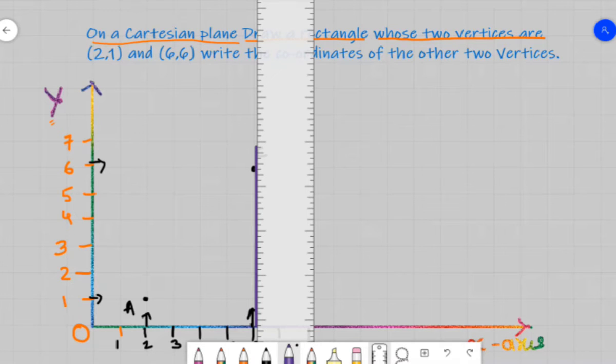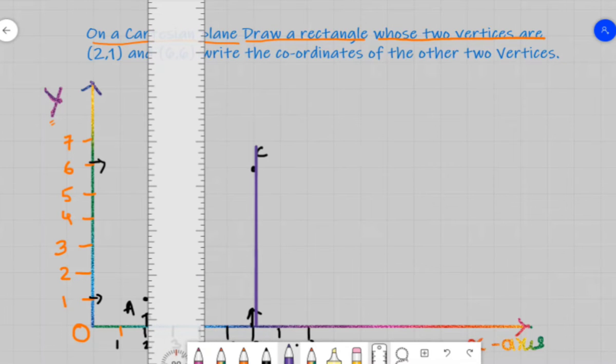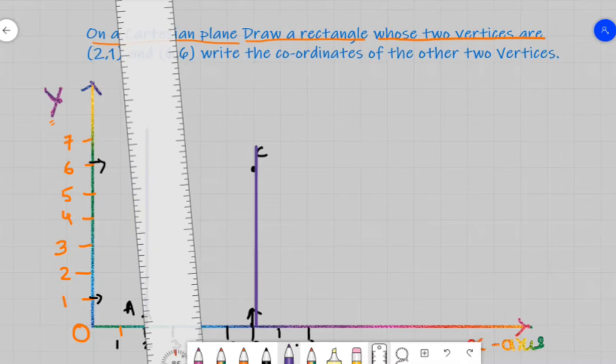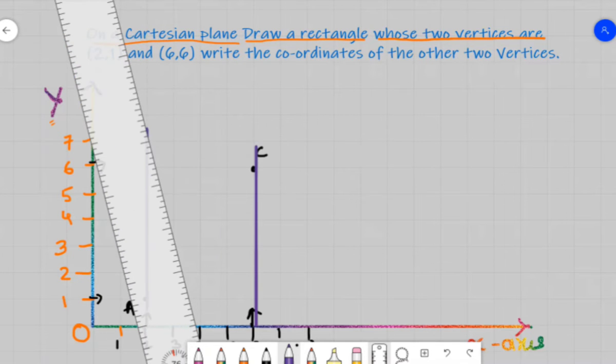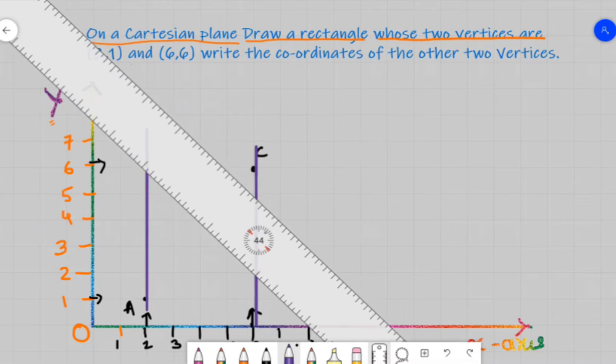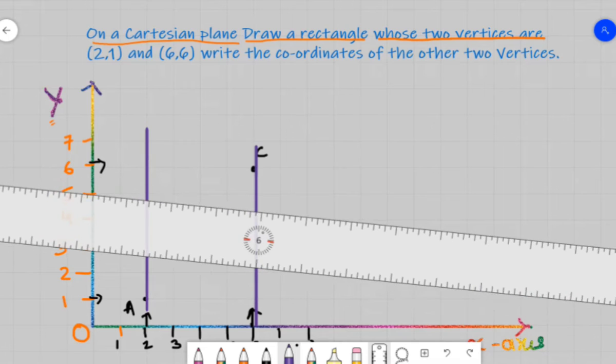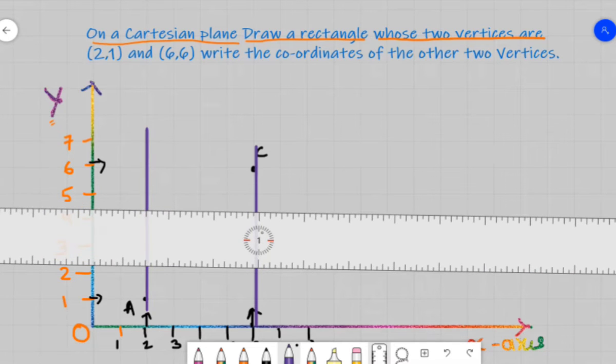Now from A also I am drawing a line perpendicular on x-axis. See, from here I am drawing a line perpendicular on x-axis. Now from C you draw a line perpendicular to y-axis also. Okay.